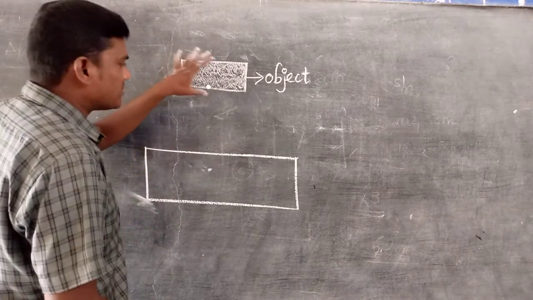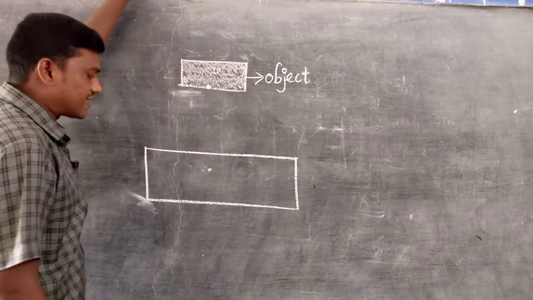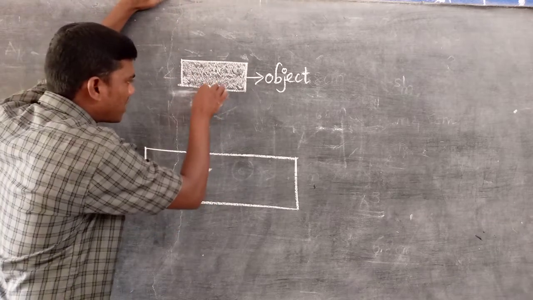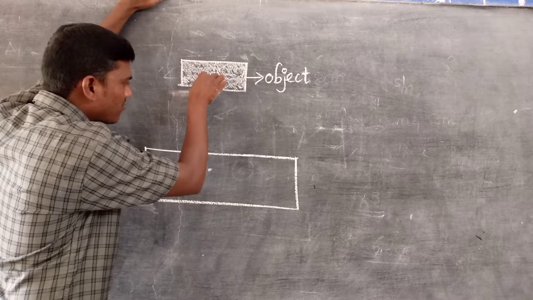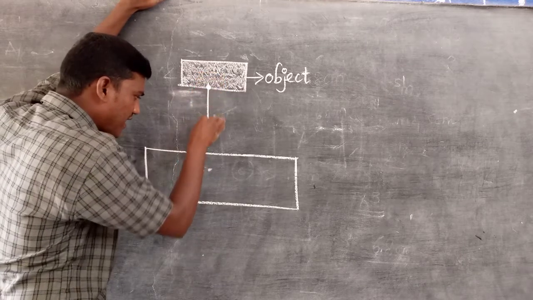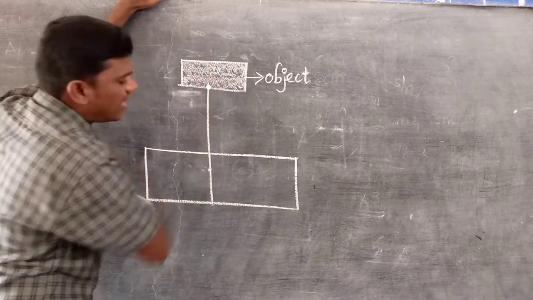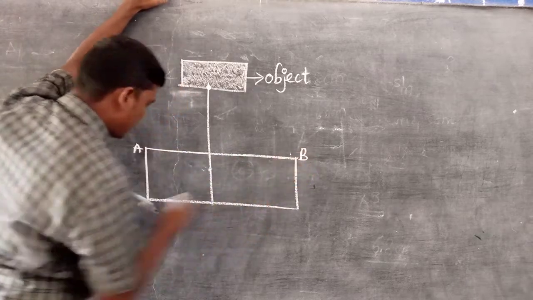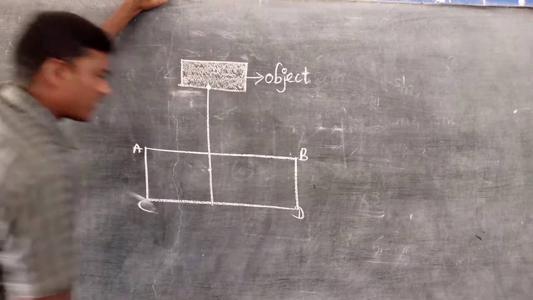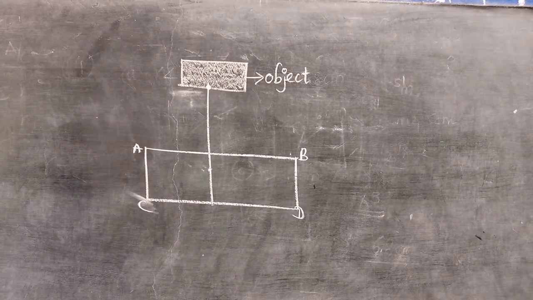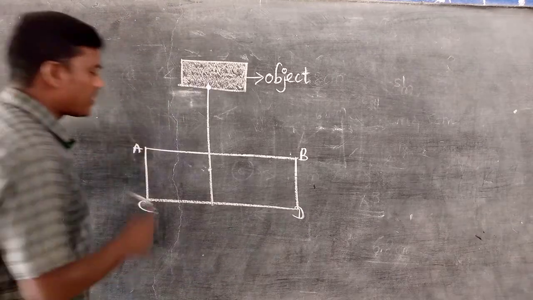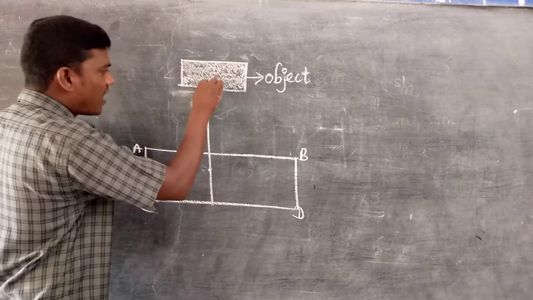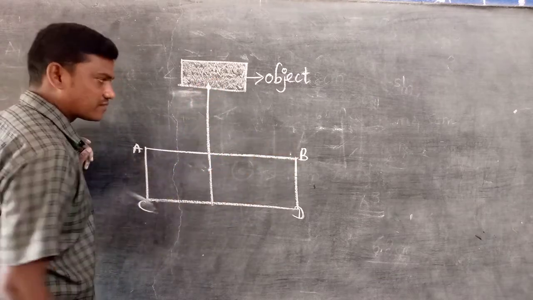The corners or vertices of the rectangular glass slab we can call A, B, C, D. From this point we draw a normal to the refracting surface AB.